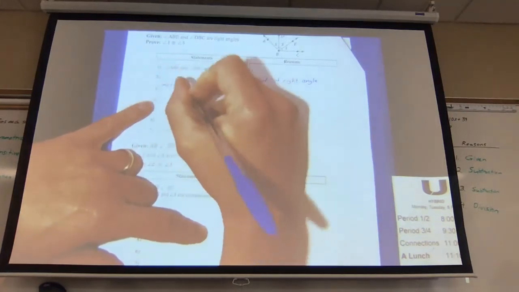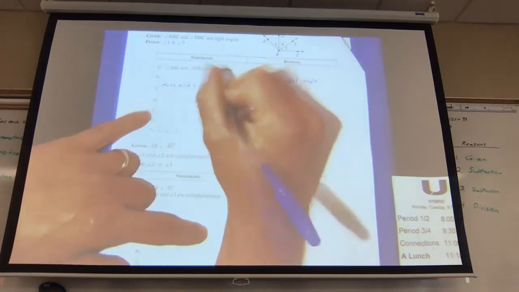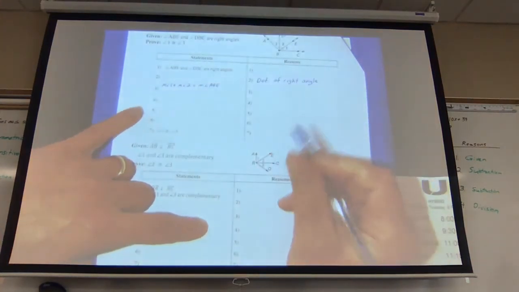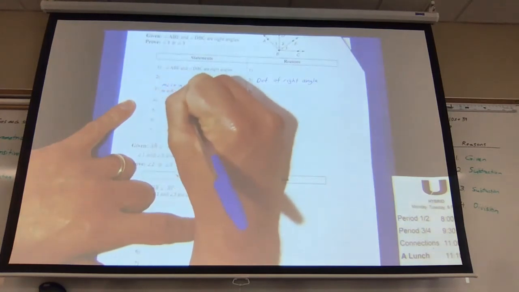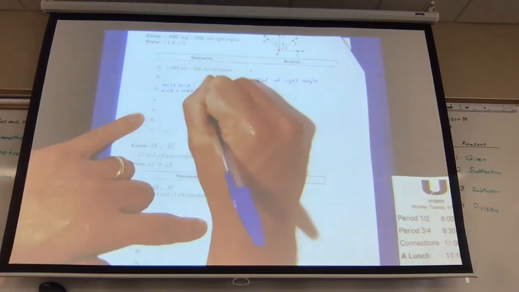The measure of angle 1 plus the measure of angle 2 equals the measure of angle ABE. And the measure of angle 2 plus the measure of angle 3 is equal to the measure of angle BBC.